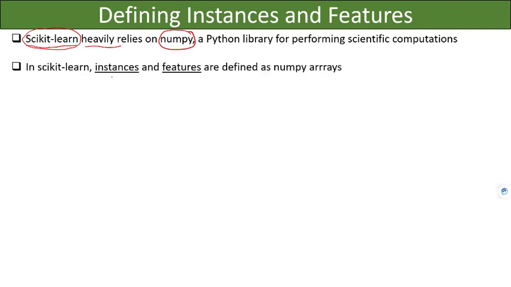In scikit-learn, if you are using NumPy or other associated libraries, then you will convert your data set in the form of instances and features, so that you can use the NumPy library. In NumPy we represent a data set in the form of instances and features, like an array. So suppose you have a data set like this.